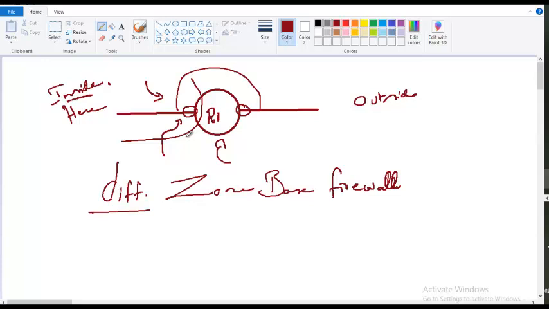In an IOS router, you have static NAT and PAT, port address translation, which is also a dynamic NAT, called a dynamic NAT. That's all you have on an IOS router.